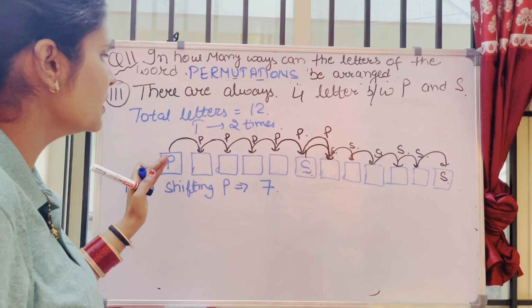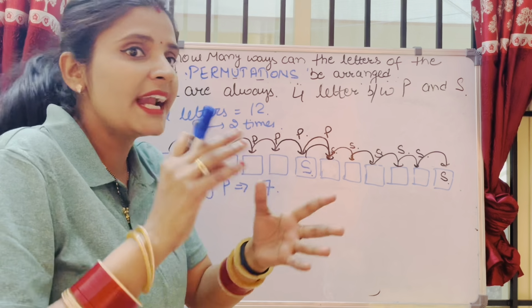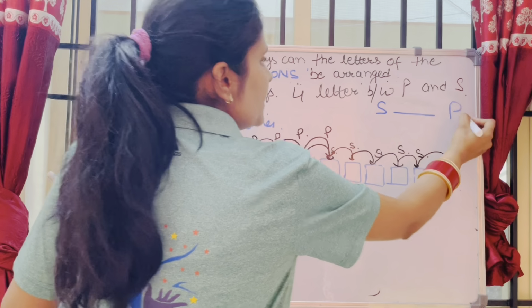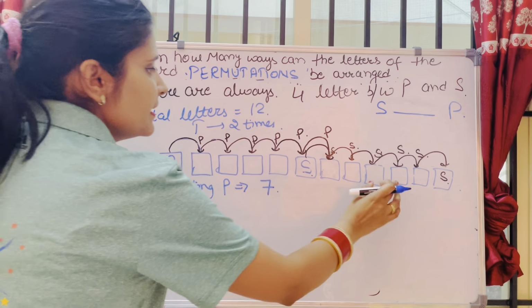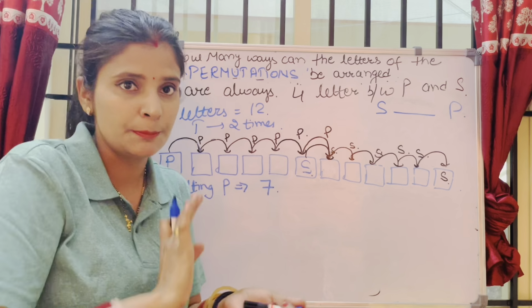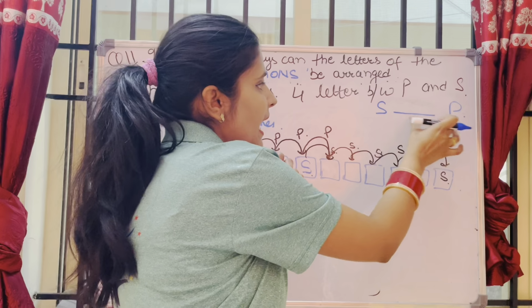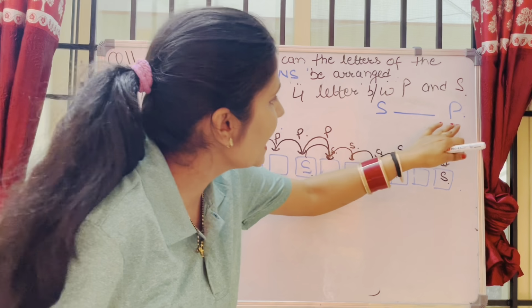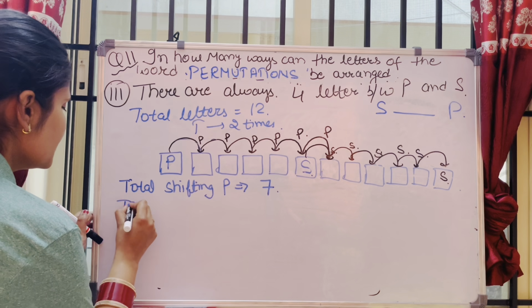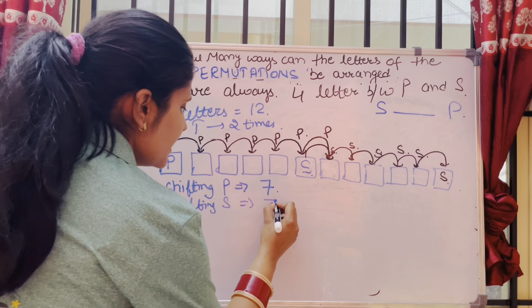Right? The question is not saying that it is always P first and then S. It can be S first and then P. So the question is saying it does not always start with P. It can start with S, but there should be 4 letters between S and P, or P and S. So the total shifting of S will again be 7.